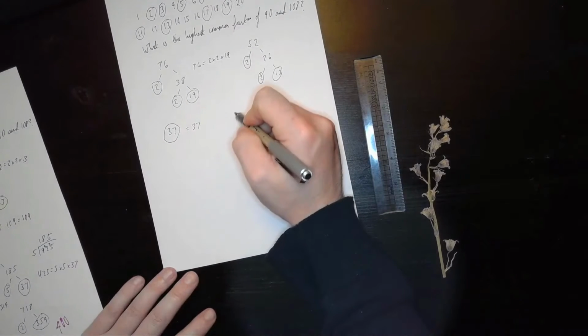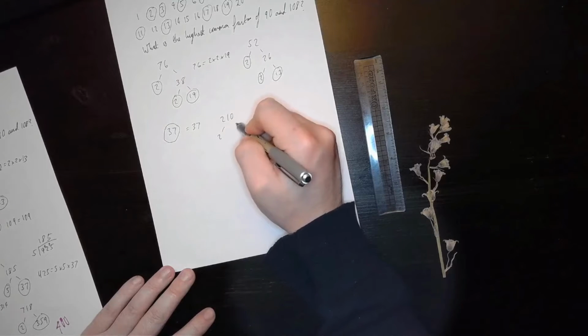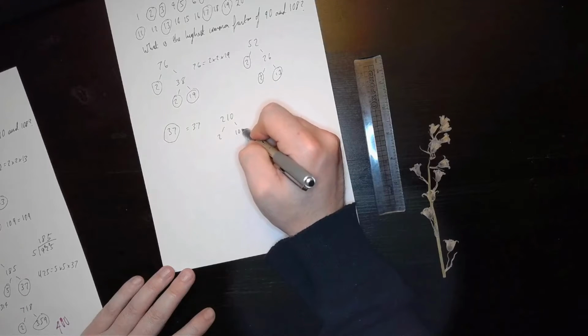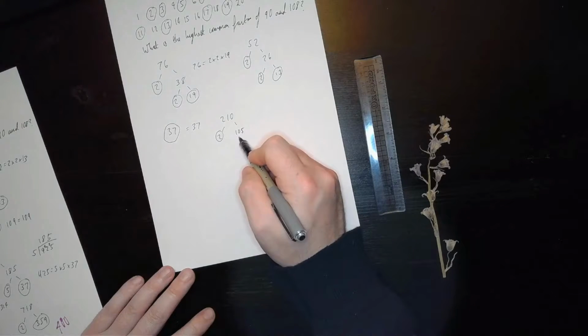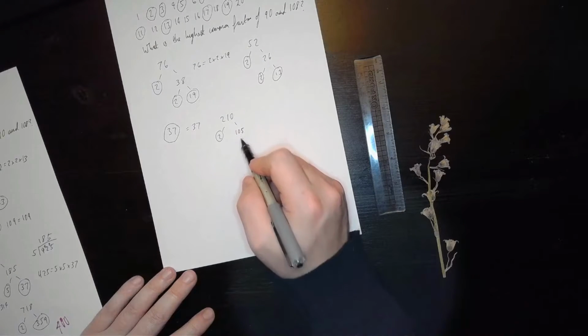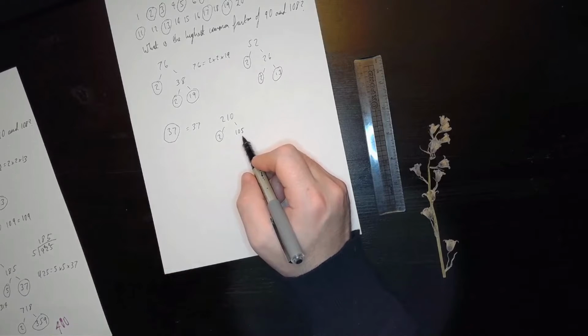Okay, let's do 210. So 2 goes into 210, 105 times. Now, factors of 105, 2 obviously doesn't go in, 3 possibly goes in. There's a trick you can do to work out if something's divisible by 3.